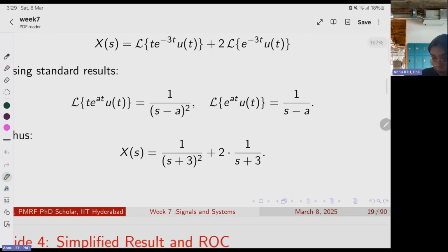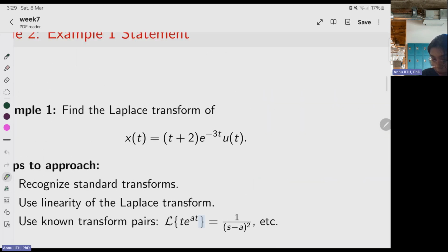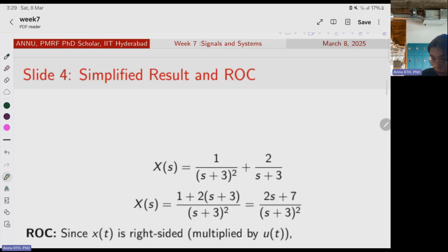So we will directly use it here: 1 upon (s minus (-3)) squared, which is 1 upon (s + 3) squared, plus 2 into 1 upon (s + 3). So that was the Laplace transform, example number one.